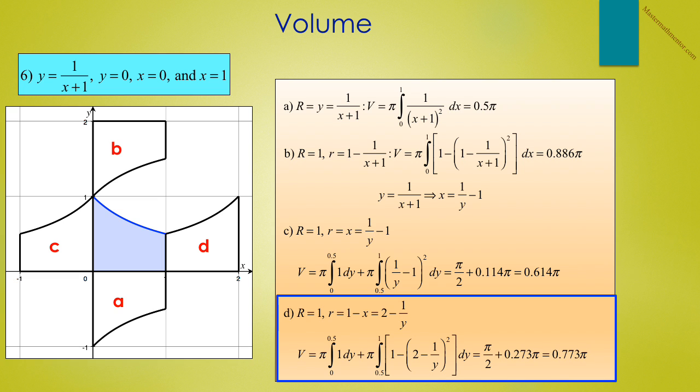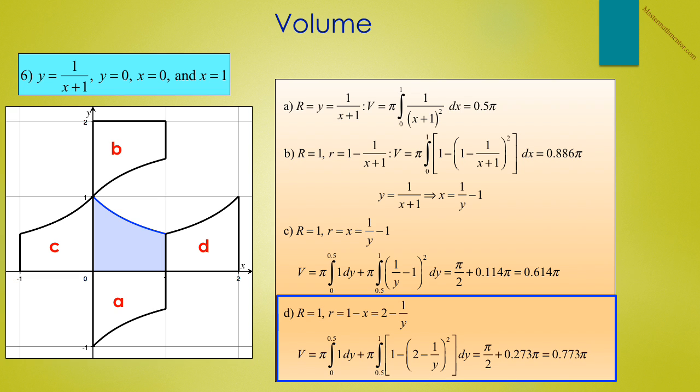D rotates about the line x is equal to 1. And again, similar to the previous problem, this is first a disk situation and then a washer situation. For the disks, R is equal to 1. For the washer, R is equal to 1, but little r is equal to 1 minus x, which is 2 minus 1 over y.